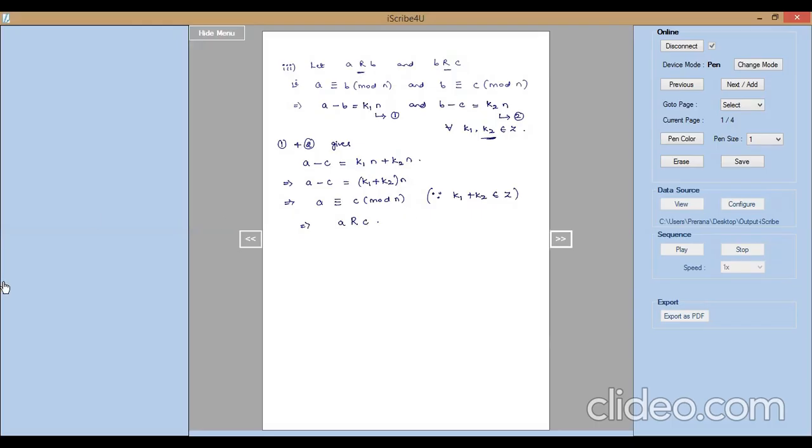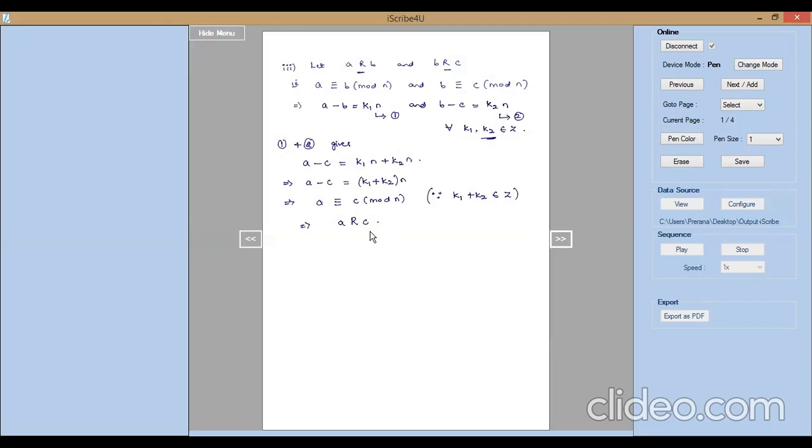Why can we write down like this? When we took A is related to B, we were able to write down A is congruent to B mod n. In the same manner, when A is congruent to C mod n, you can say that A is related to C. So thus we started with A related to B and B related to C, and we arrived at A is related to C. So we can conclude R is transitive.